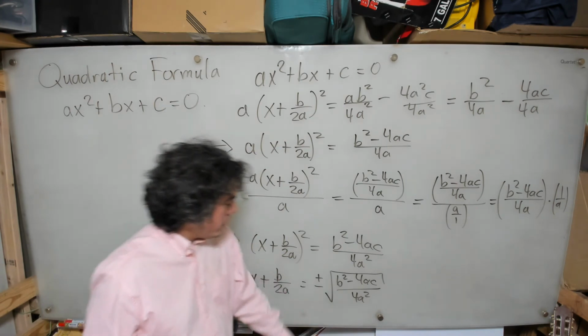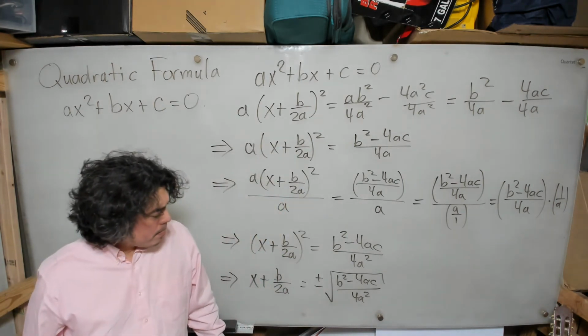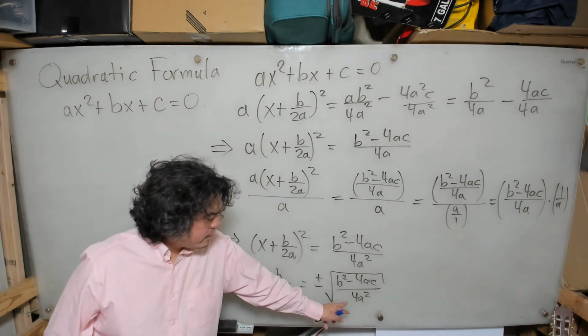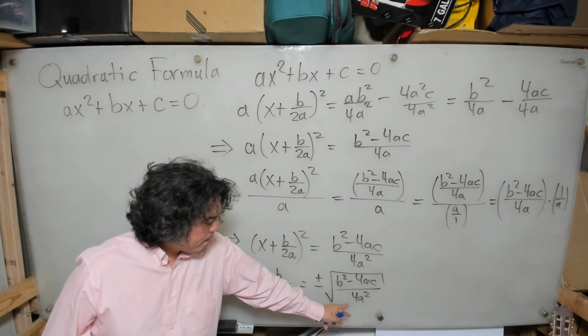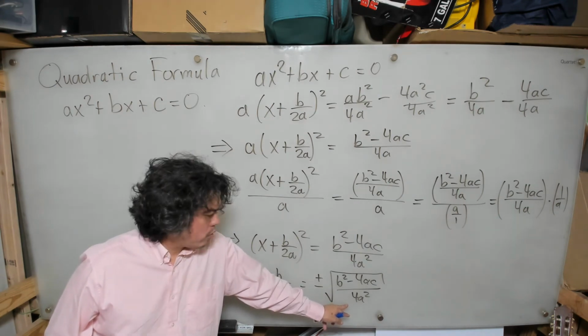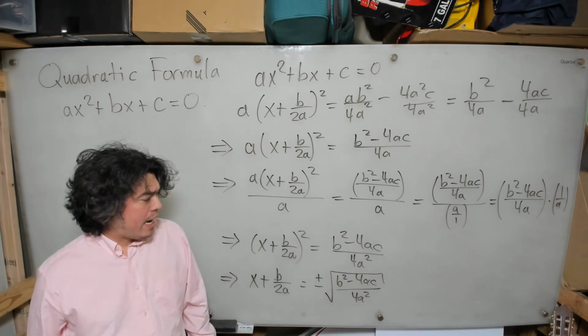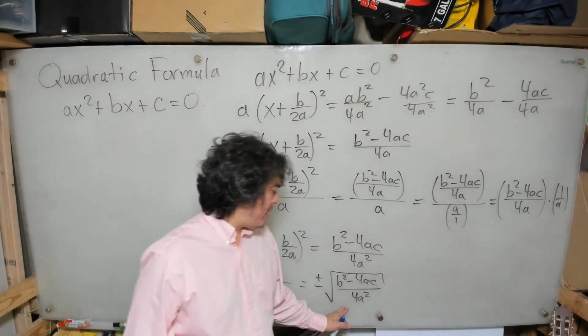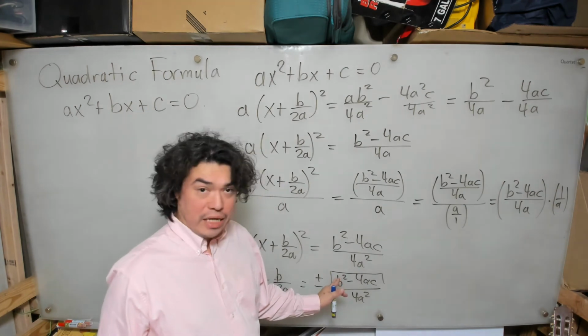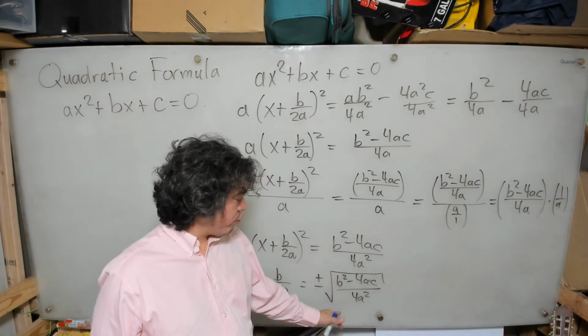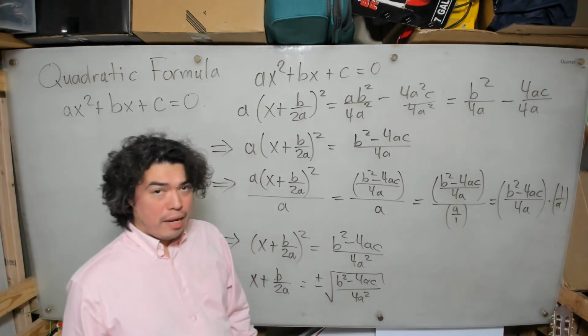Now, if you notice this number on the bottom, it's positive, and so I don't know what's going to happen with the square root of the top, but I know the square root of the bottom can be taken out.